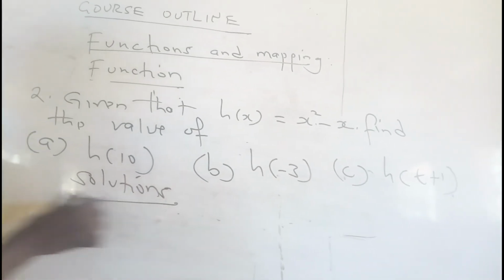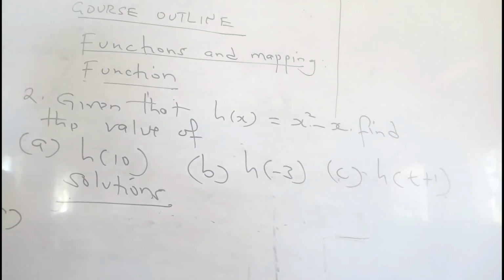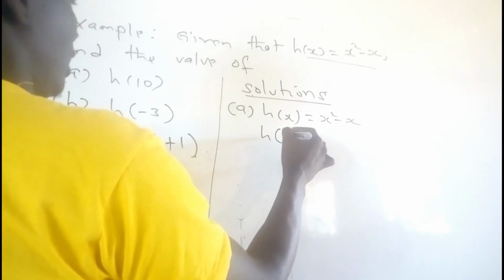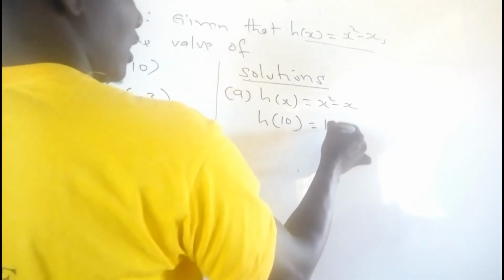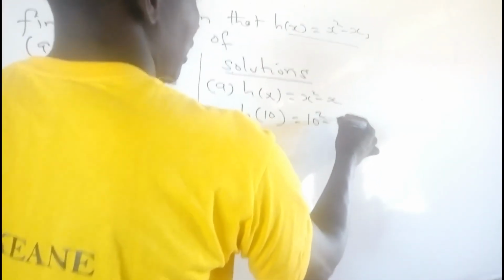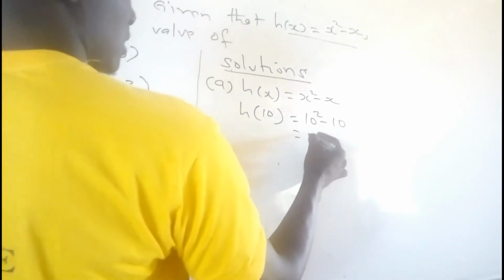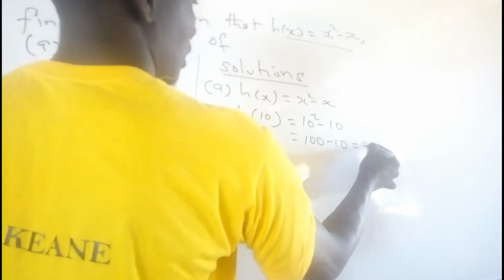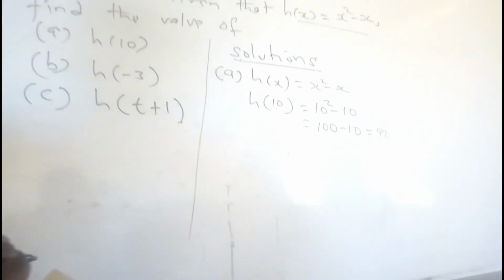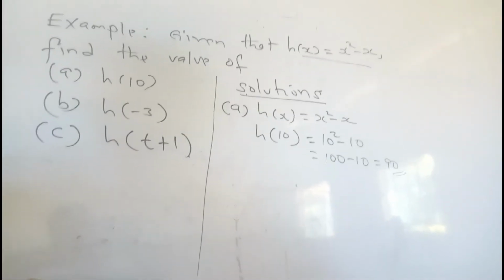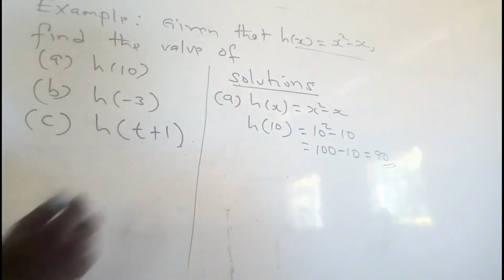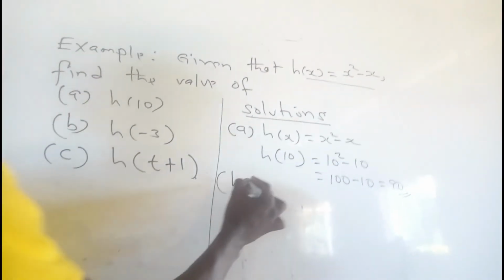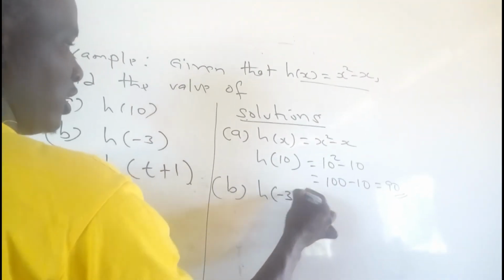The solutions. For the first bit, if I want h of 10, this will now be 10 squared minus 10. This gives us 100 minus 10, which is equivalent to 90. We are done with the first part. Let's look at the second part, part B. In part B, we have h of negative 3.